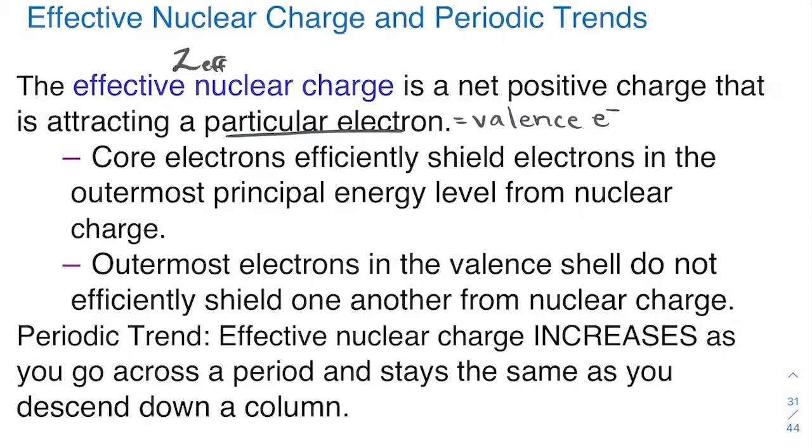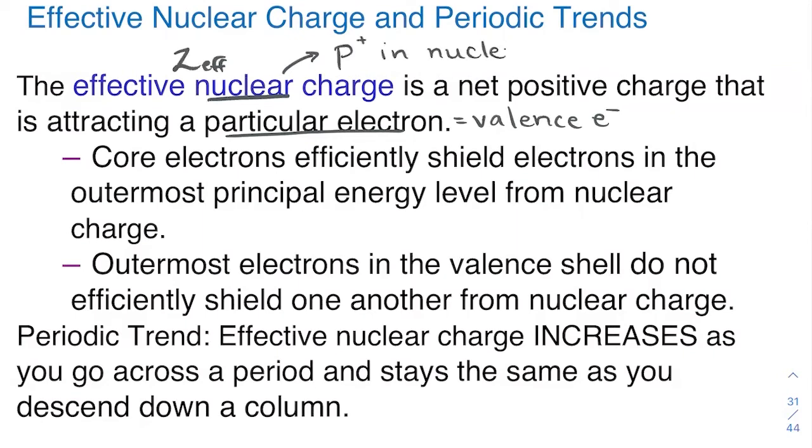And what that means by being shielded is the idea that when we look at the reactivity, the valence electrons, being on the outside, do not feel as many protons in the nucleus. Again, nuclear charge, there's protons in the nucleus.